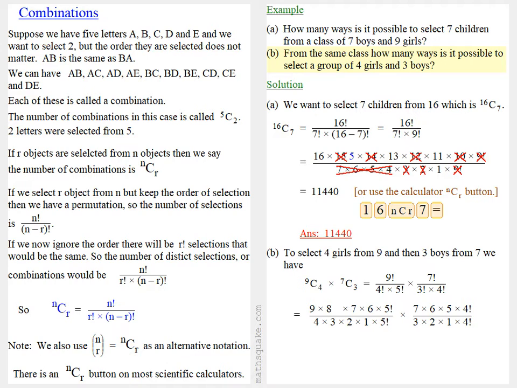Well, we can write that out again in full, and lots of it cancels. And this leaves us with 4,410. So there are 4,410 selections.